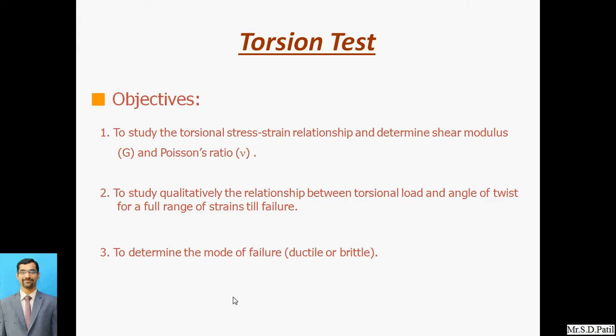We will see how the test is carried out, taking cast iron as the example of a brittle material and steel as the example of a ductile material.